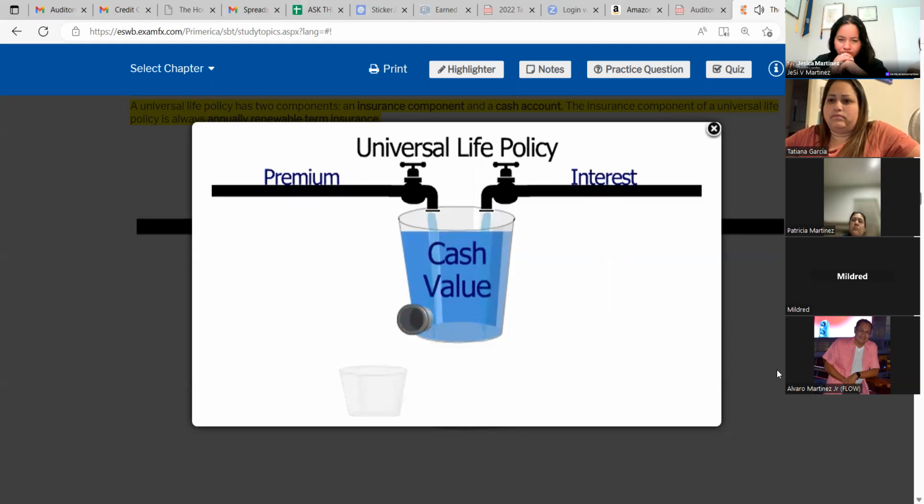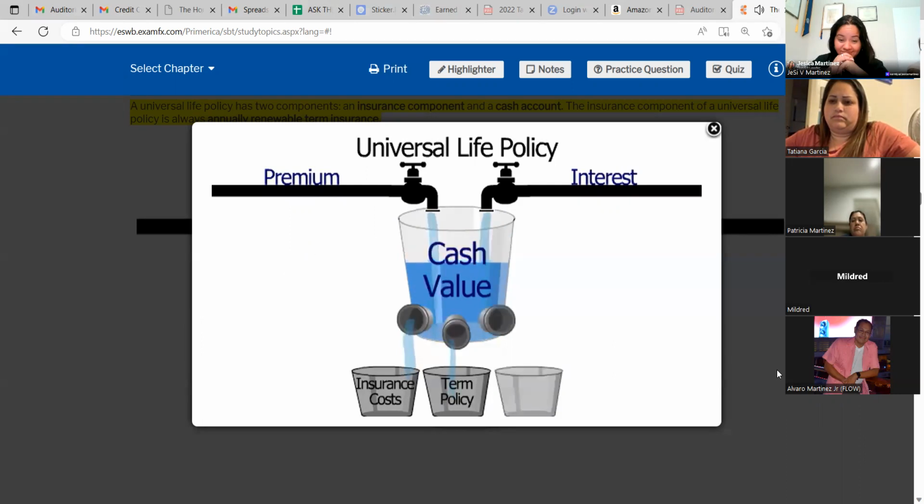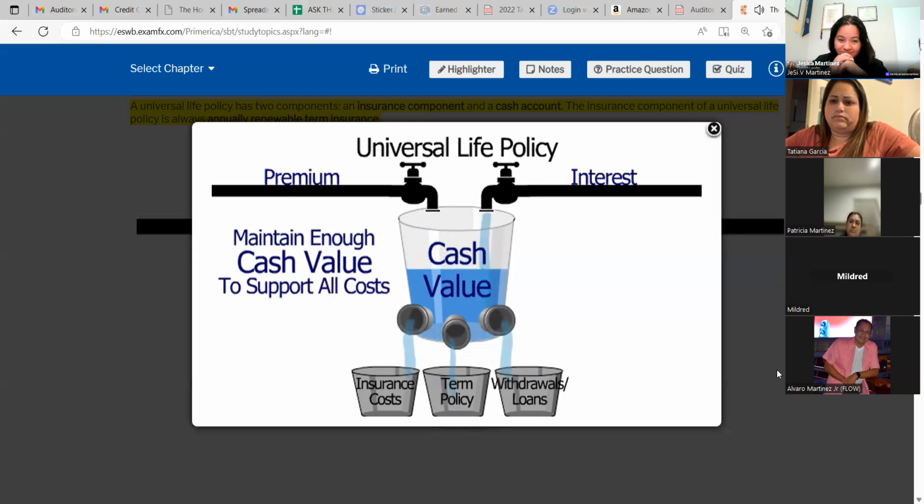This cash value pool is used not only to cover insurance costs, but also to provide certain benefits to Mr. Insured. Cash value pays for expenses such as administrative costs, commissions, and other policy charges. Mr. Insured can pay for a term policy to provide an additional protection element, or he can take out loans and make partial withdrawals from the cash value. He may adjust the amount of the premium, the amount of the death benefit, and may even skip premium payments. However, Mr. Insured has to keep in mind that the cash value maintained in the policy account needs to support all of these costs to avoid policy lapsing.